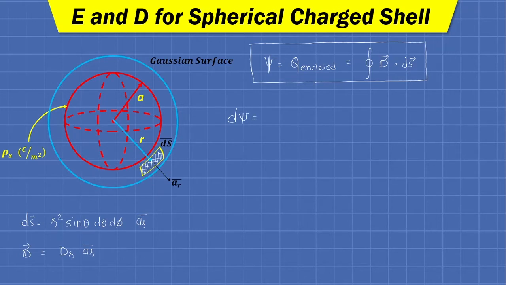It is also in the direction of the radius, so d psi, the small flux passing through this differential surface, can be written as D bar dot ds bar. This gives Dr ar bar dot r square sin theta d theta d phi ar bar. Here Dr and r square sin theta d theta d phi are scalars, so they come out.